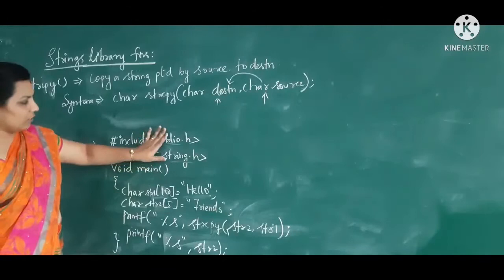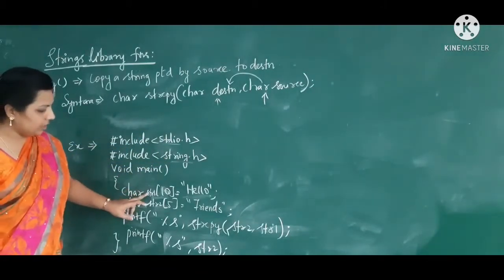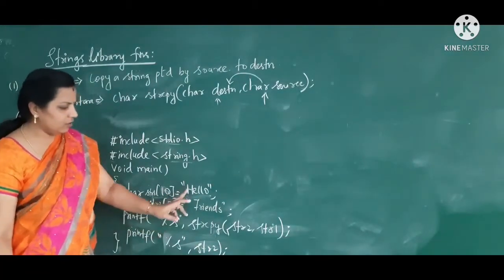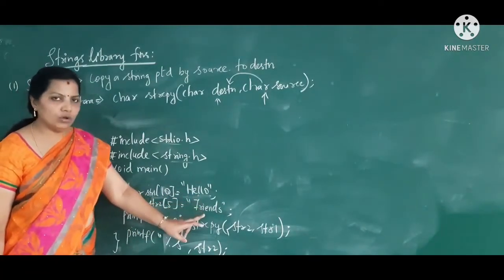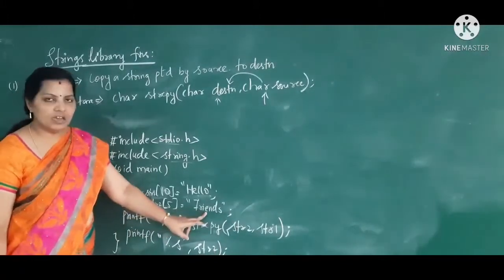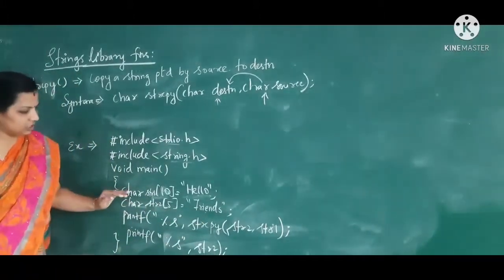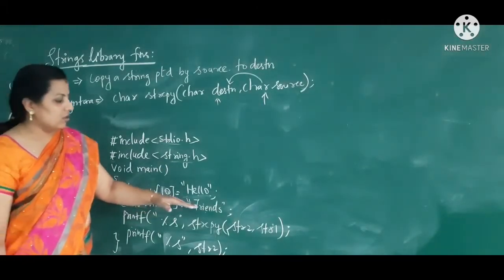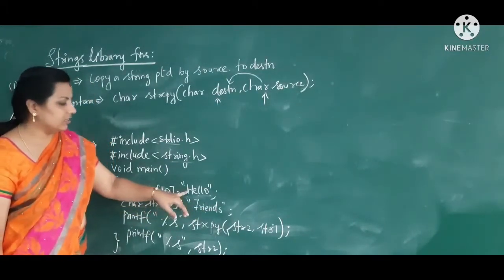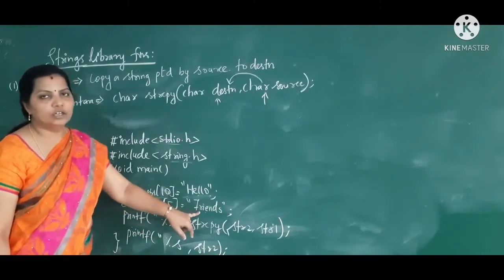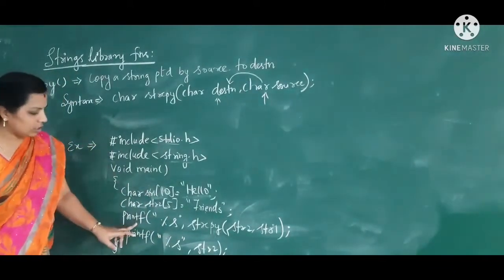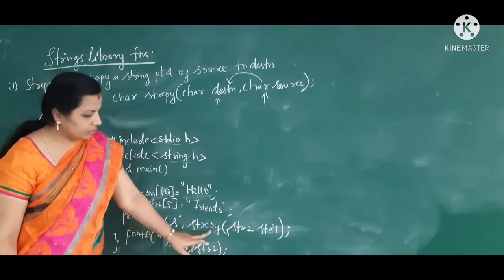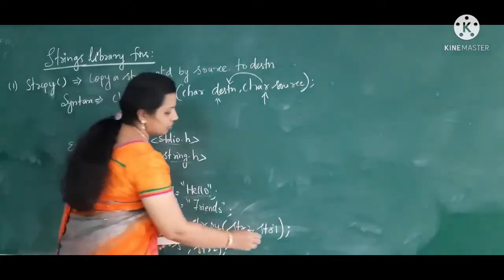You have to use the same header files. I have used two strings, with sizes 10 and 5. I have given the string as hello, and to the other string I have given friends. So my initialization is two strings. Now I want to copy string 1, that is hello, to string 2. For that I use a statement like printf of %s, comma, strcpy with my destination string 2 and my source string 1.